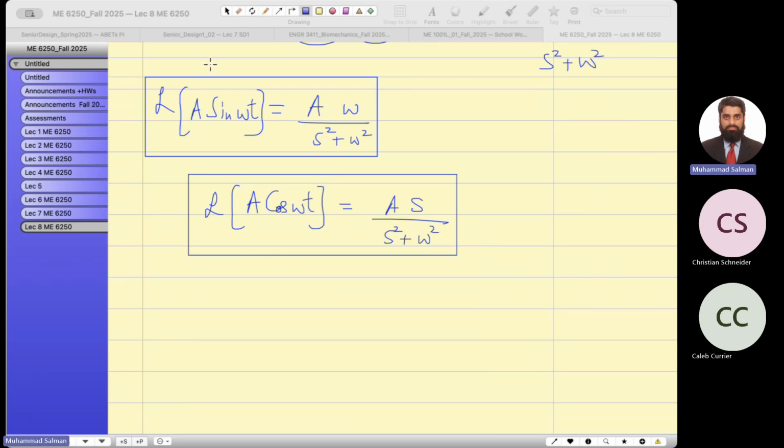So this is a table which you should take a look at when you go home. I'm just copying and pasting some of the formulae.